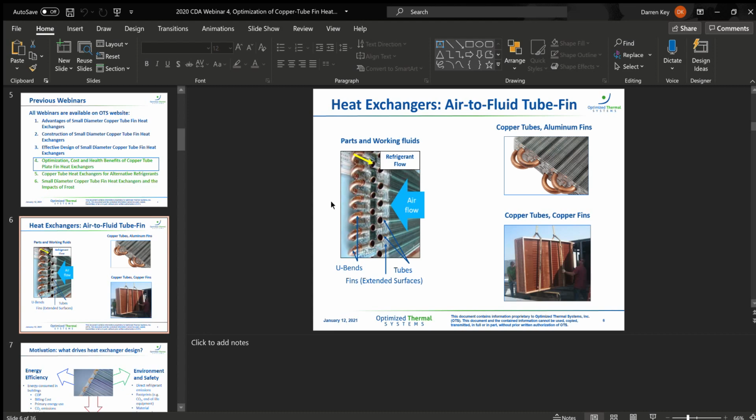So that's the meat and potatoes of it. Typically, common construction would be copper tubes with aluminum fins, although there's certainly many other combinations that are common in industry. And then shown down here, we'll see this picture again later. This is copper tubes and copper fins, and depending on your application, it might make sense to do such a thing.